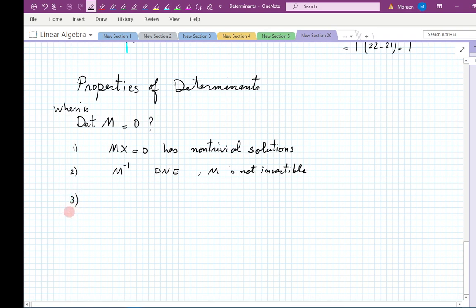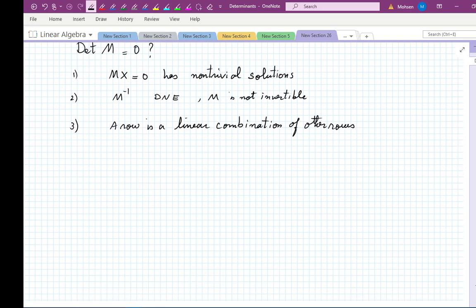Another way of detecting the determinant is zero is when a row is a linear combination of some of the other rows. Well, this might sound kind of theoretical looking. Let's go ahead and give some specific clues that make a determinant easily detectable to be zero.